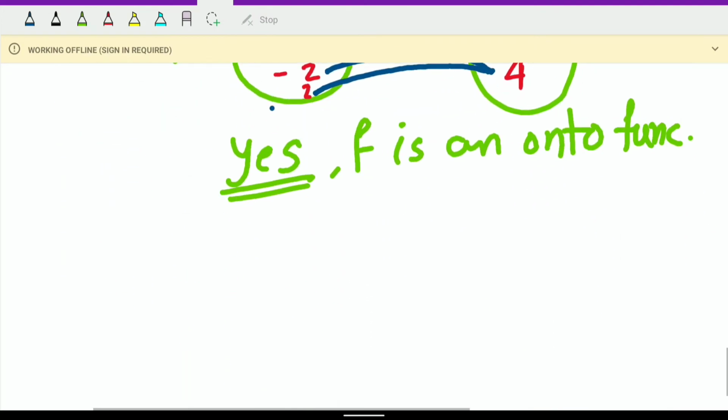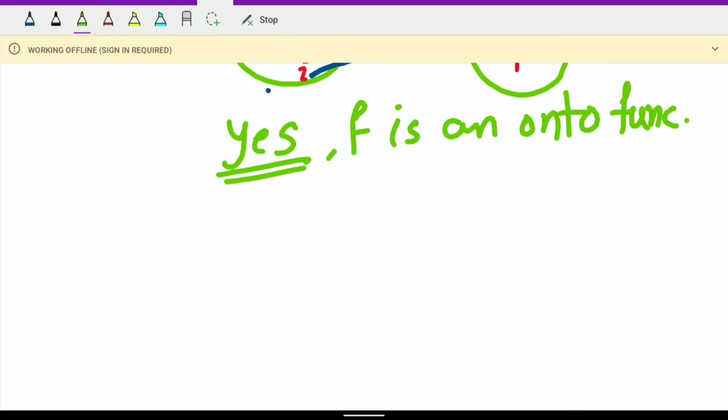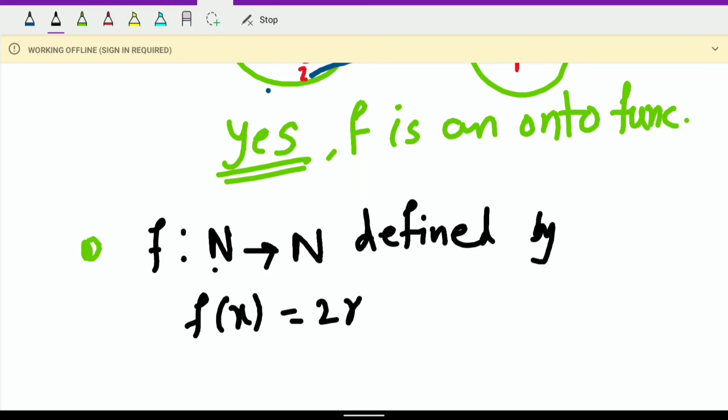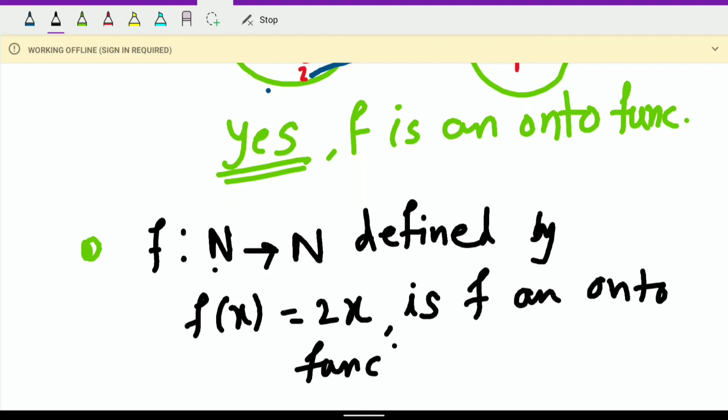Now your next question is: f from N to N, where N is the set of natural numbers, defined by f of x equals 2x. Is f an onto function?